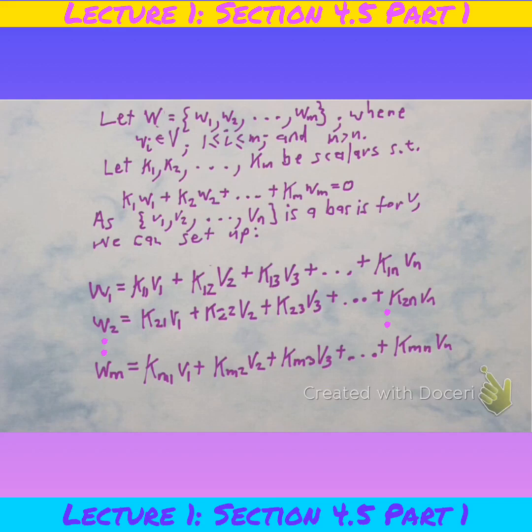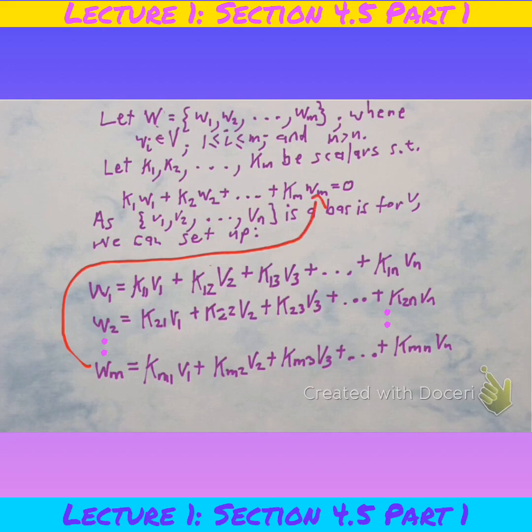All right, so all we're going to do now is take each W and substitute it. We're going to take W1 and substitute it in there, then W2, and do that for all of them until we get to the last one.